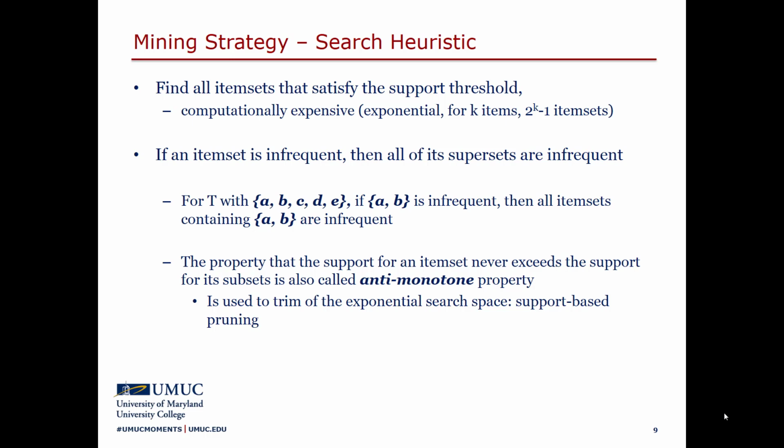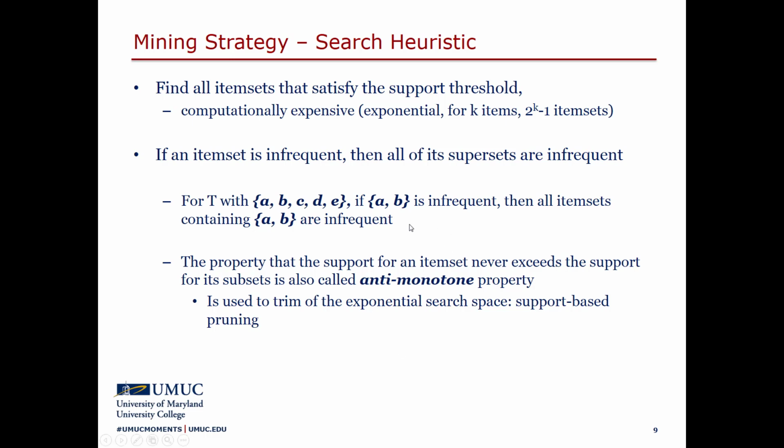So there is this property called the anti-monotone property, which was pioneered by the Apriori algorithm, such that if an item set is infrequent, if you determine that a given item set does not satisfy the support threshold, then all of its supersets are also infrequent.